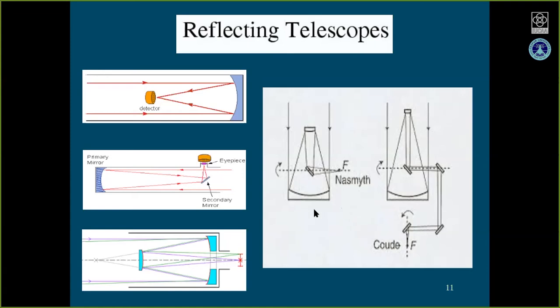Okay. So there are two more foci that people still use. This Nasmyth focus is very famous nowadays. Generally in 30-meter class telescopes, people use this kind of Nasmyth focus. What is Nasmyth focus? This is your primary mirror, this is your secondary mirror, and this is your tertiary mirror.